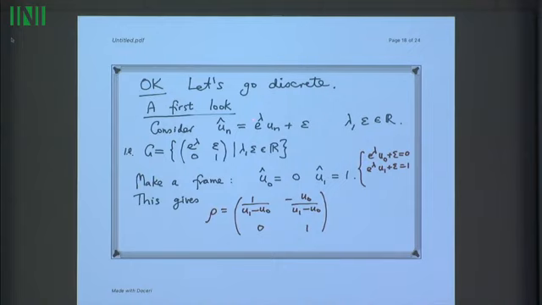And this is a matrix representation. So this is a semi-direct product. This is the matrix representation that you need. And I'm going to make a frame which sends the 0th one to 0 and the first one to 1. And if you do that, you get this frame. All right. So remember that this part is the scaling part, and this part is the translation part.